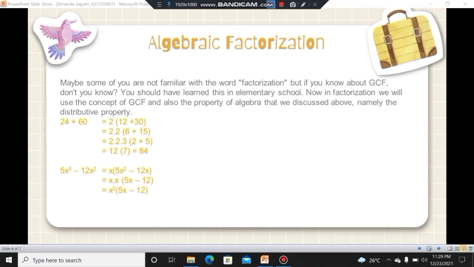We calculate 12 times 7. The result is 84.